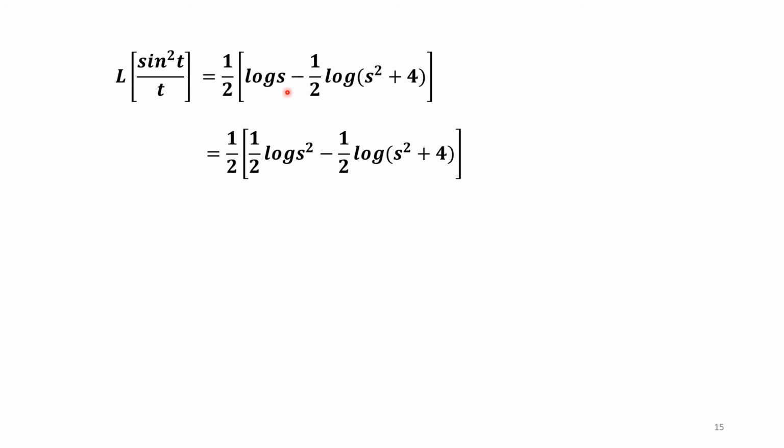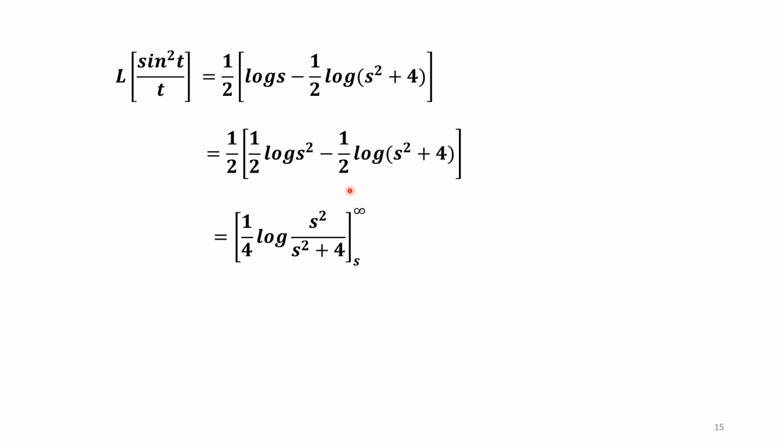Or you can write log s minus log of root of s square plus 4, that also can be done, but I am not taking the root part. So I am adjusting the first term as half log s square, then combining both the terms. Already 1 by 2 is outside, from here we get 1 by 2, so totally we will have 1 by 4.